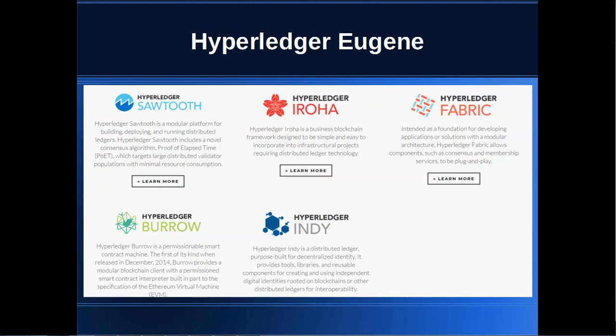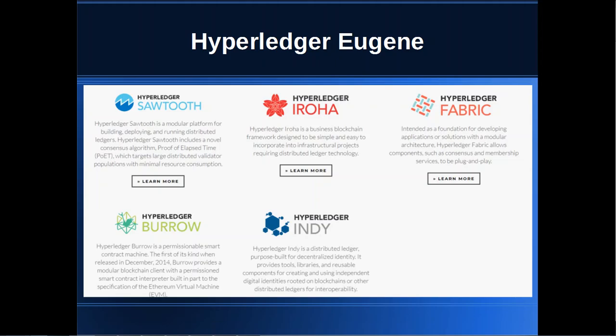Just quickly, Sawtooth, the biggest difference on that particular one, in my opinion anyway, is what they use as the consensus algorithm, which is garnering quite a lot of interest. It's called Proof of Elapsed Time, or POET, and Sawtooth was contributed by Intel. And the consensus algorithm is related to the Intel processor.